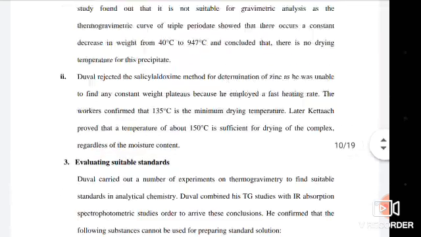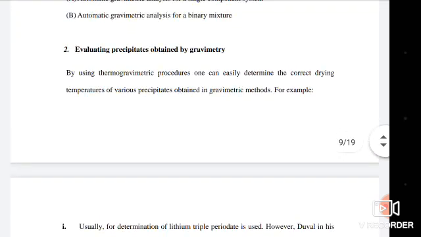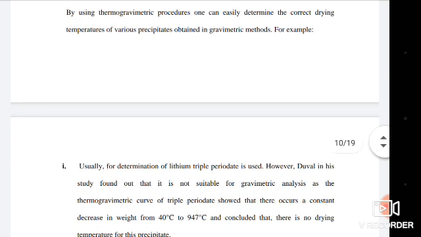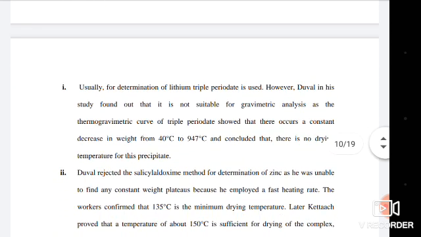Usually by using the thermogravimetric process, one can easily determine the correct drying temperature of various precipitates obtained in gravimetric methods. For example, usually for the determination of lithium, triple periodate is used.